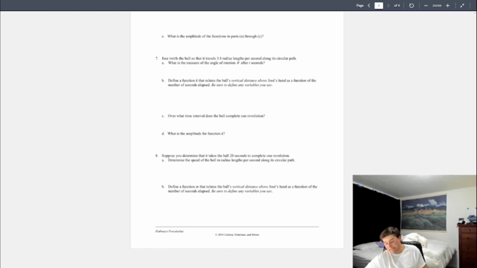If it takes 1 radius length per second, that means in 6.2 seconds, radius length per second, 6.28. It should do.